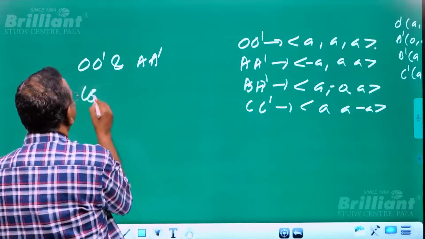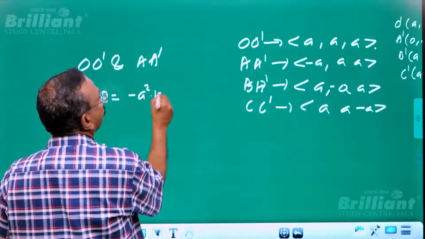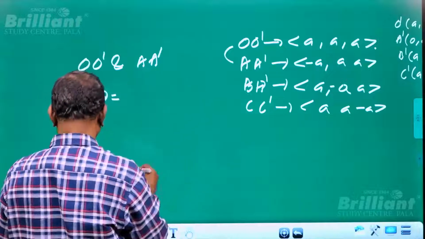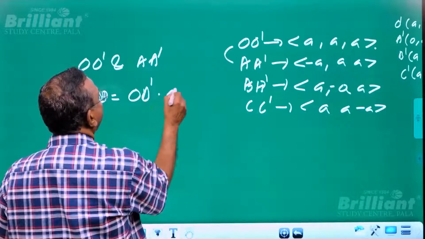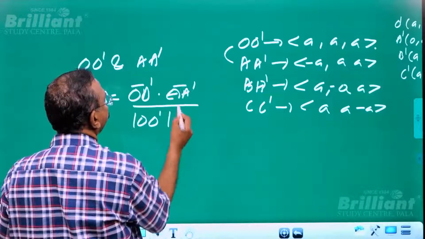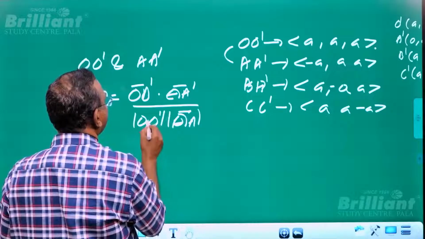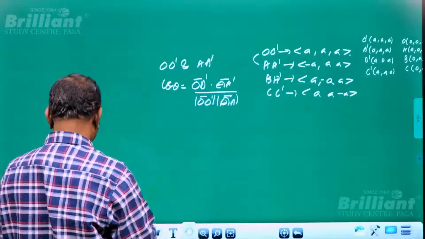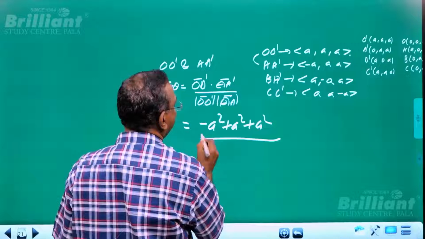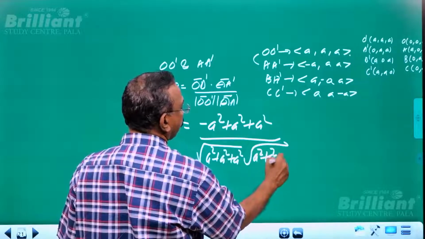So cos theta is equal to the dot product between these 2 vectors, O dash dot A dash, divided by mod O dash times mod A dash, which are both vectors. The dot product of the 2 is minus A square plus A square plus A square, divided by root of A square plus A square plus A square into root of A square plus A square plus A square.